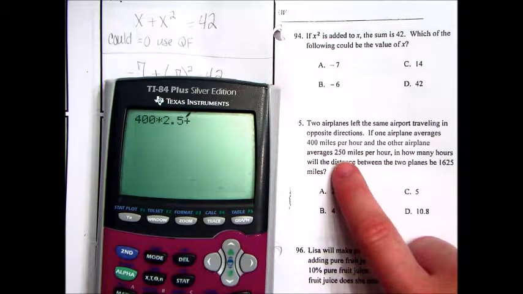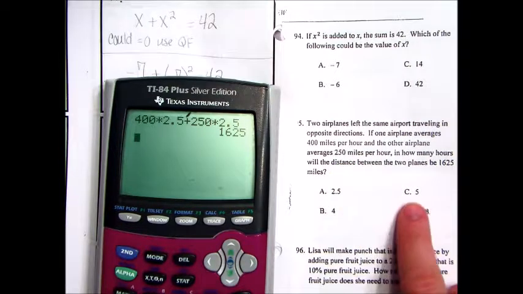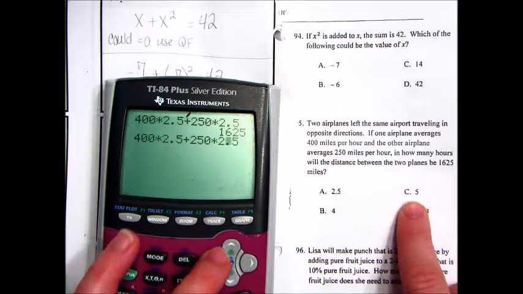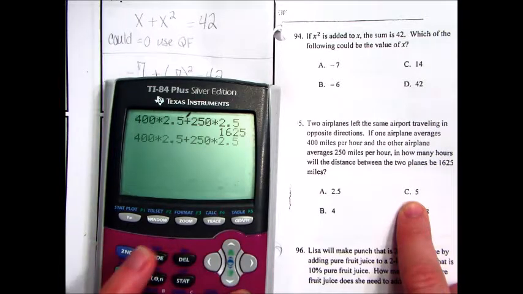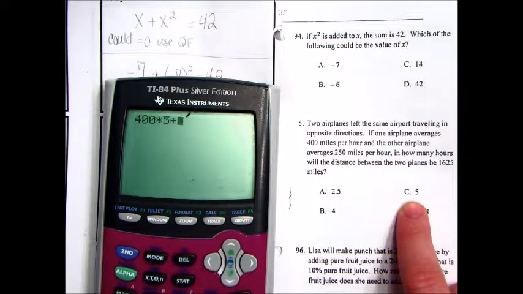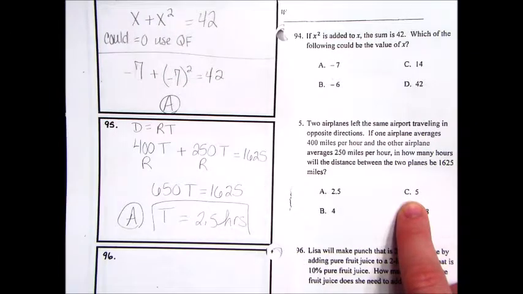And the other guy, if he's going 250 miles per hour, I have to multiply that by my option. And if you get 1625, you know you're right. Now if you plugged in C, which is just 5, you're not going to get the right answer. So maybe one way or the other you can do just guess and check, or you can make that equation.